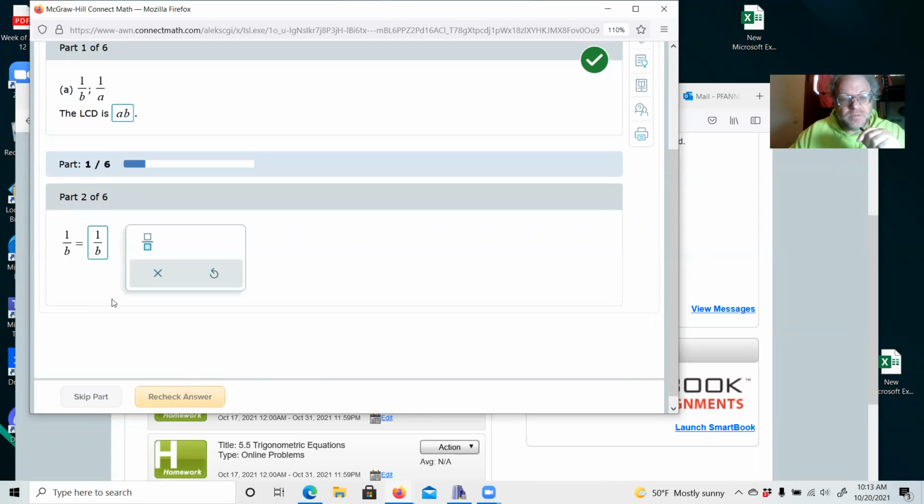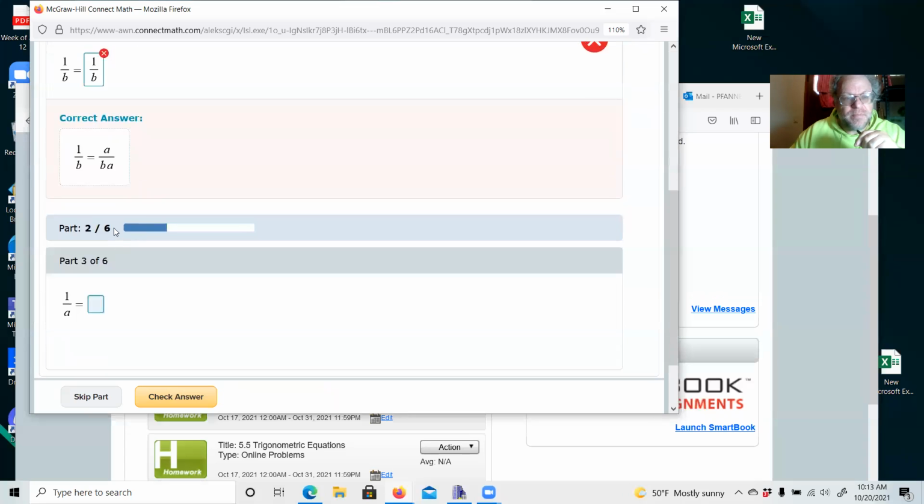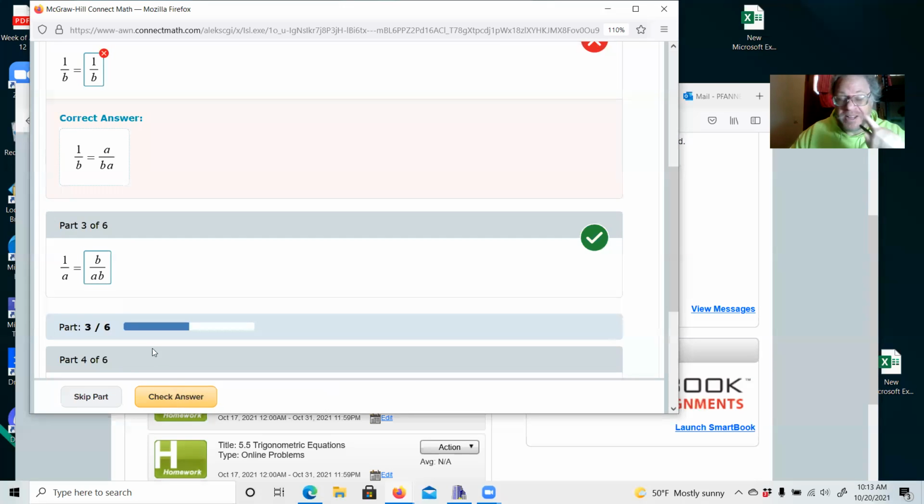So when you're going through this and having a tough time, understand I'm having a tough time with this too. But now I've got this. They said 1 over b is equal to 1 over b times a over a. So how about we say this is a over ab.